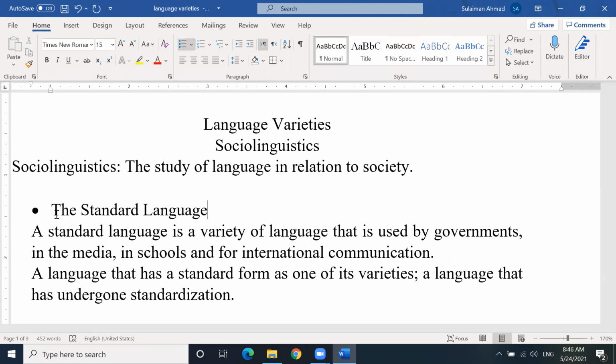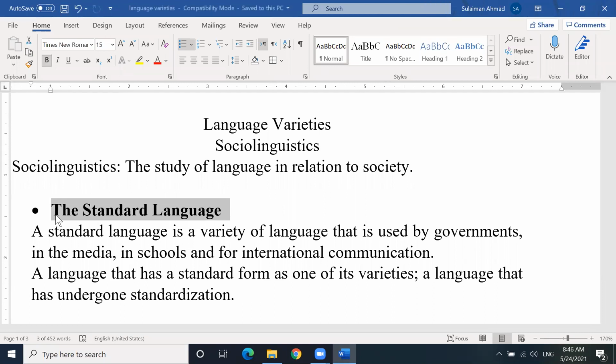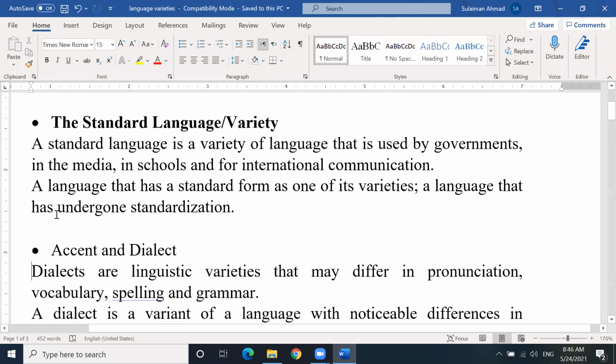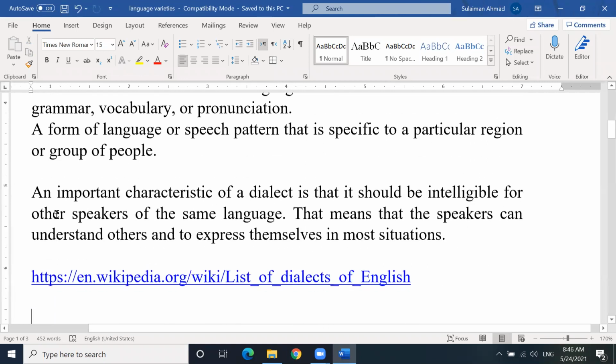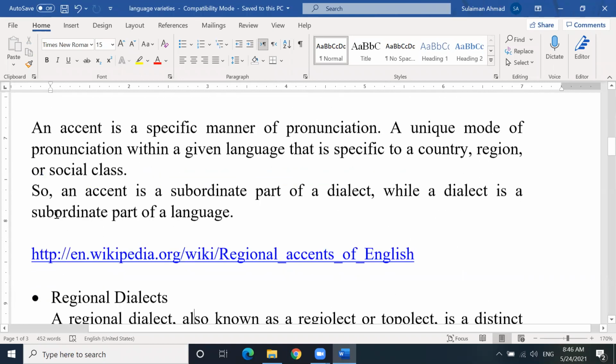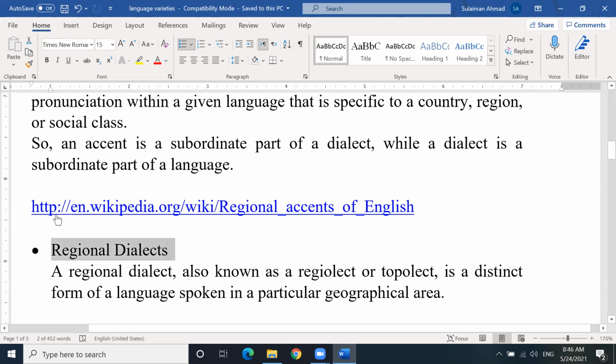We talk about the standard language or the standard variety, accent and dialect, and regional dialects.